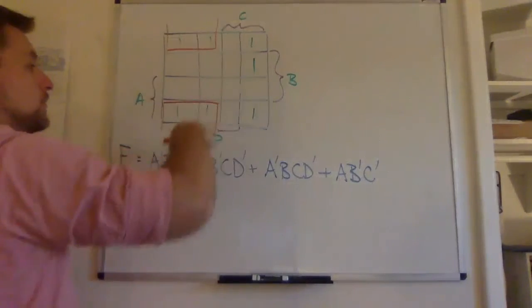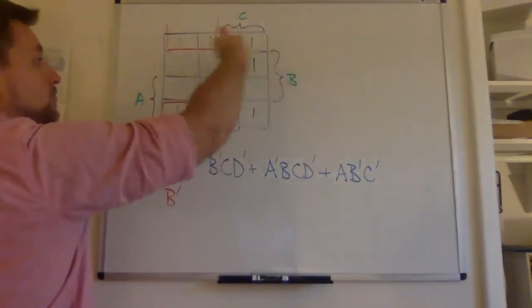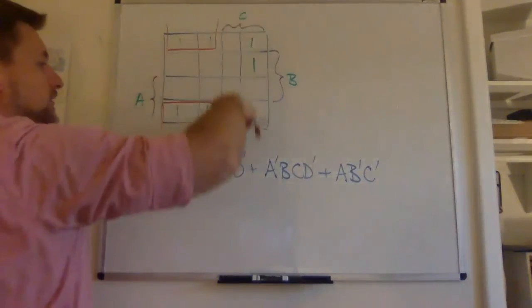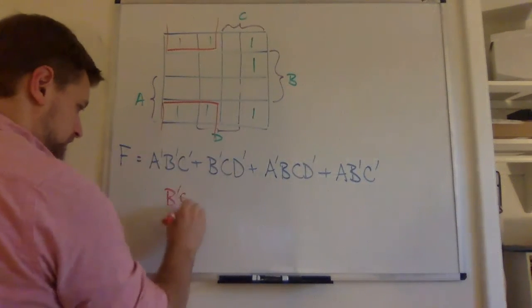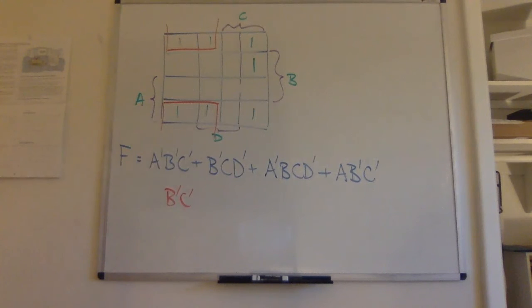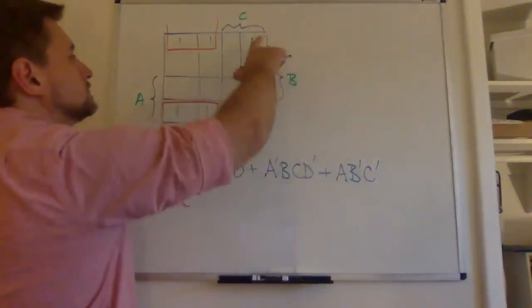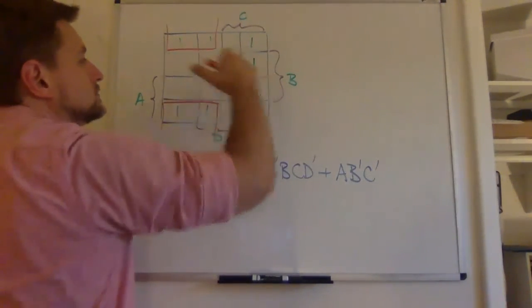A square of 4 is a reduction by 2 literals, so I need one more. It's everything that isn't B and isn't C. All right. I see these two.